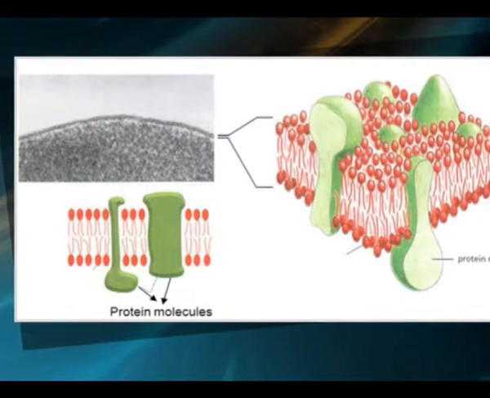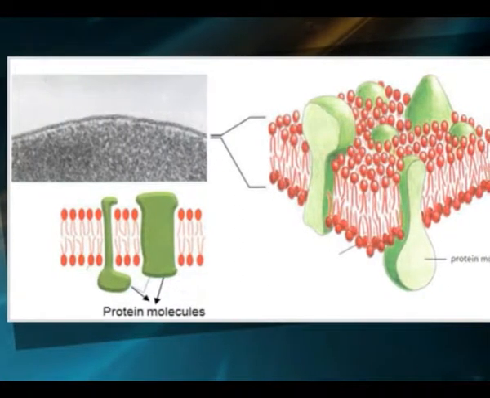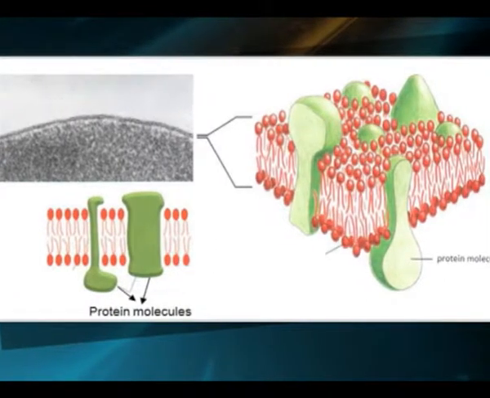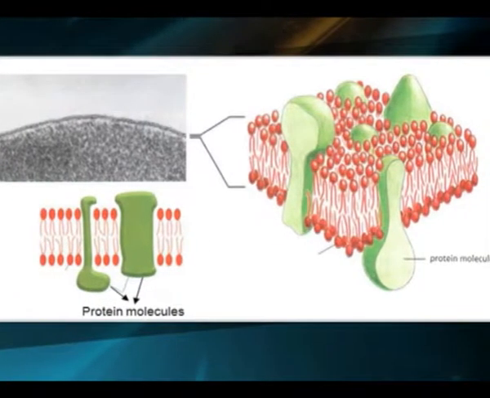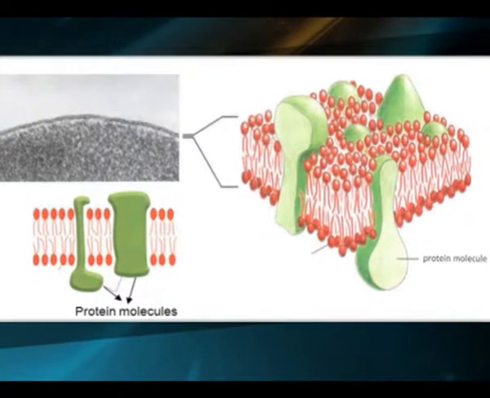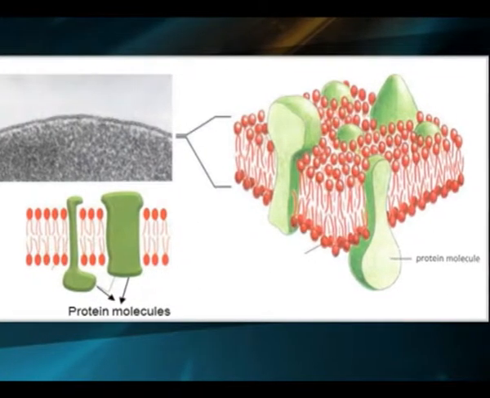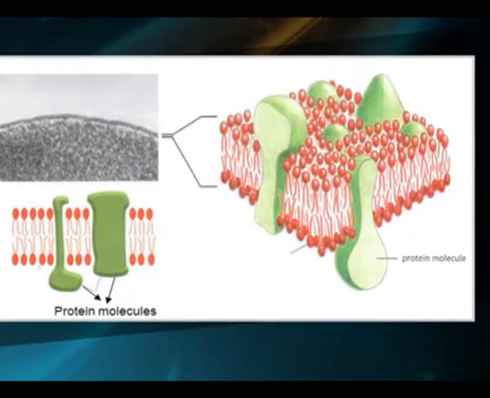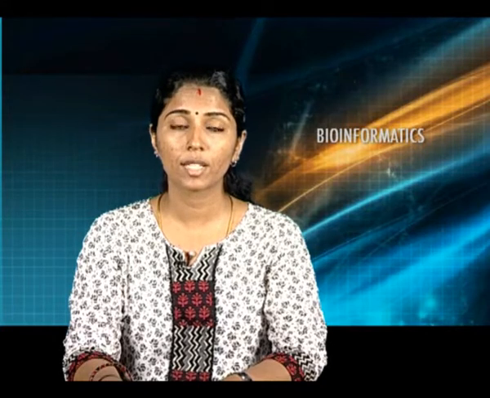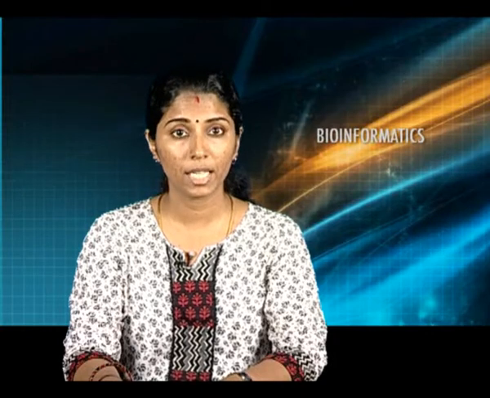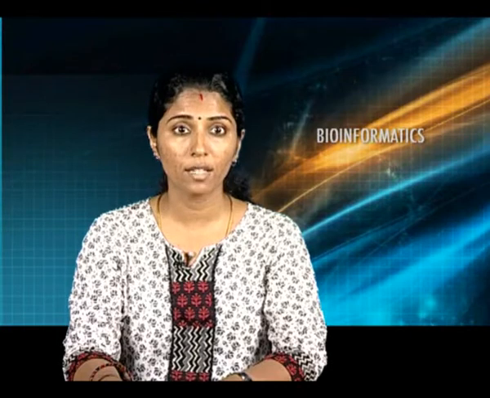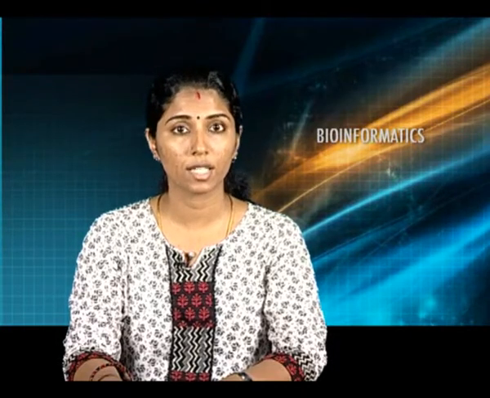The lipid bilayer provides the basic fluid structure of the membrane and serves as a relatively impermeable barrier to the passage of most water-soluble molecules. Protein molecules that span the lipid bilayer are called transmembrane proteins, and mediate nearly all of the other functions of the membrane, transporting specific molecules across it.